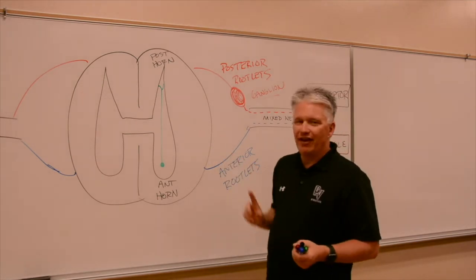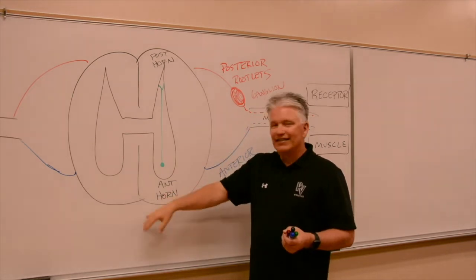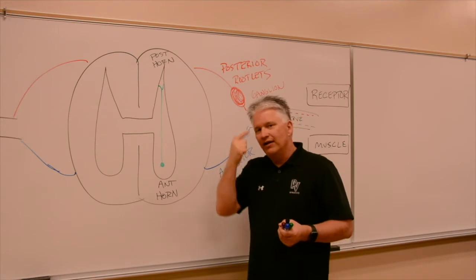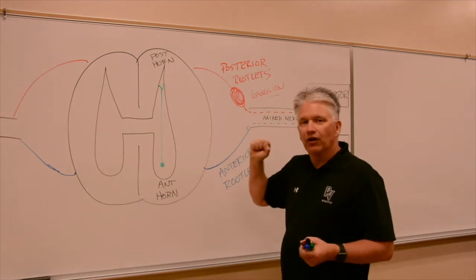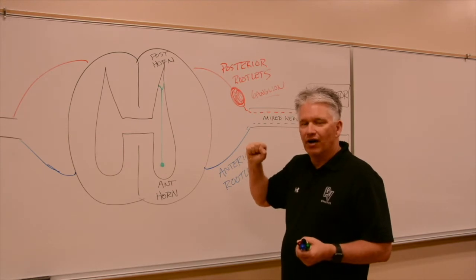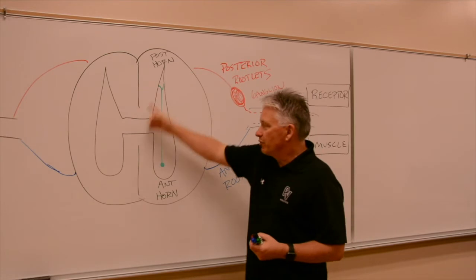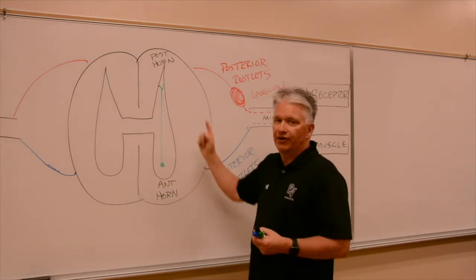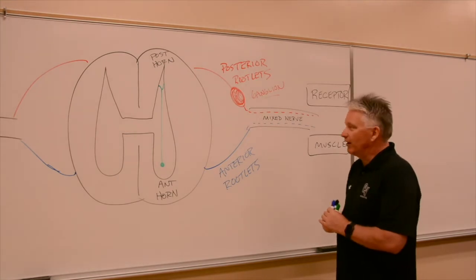If we had to wait for that information to travel all the way up to the brain, integrate, interpret, ooh, that's hot, I better pull my hand away, and then send a motor signal back down, imagine what your hand would look like by the time you actually pulled it off of the stove. It's going to take too long. So, we have a protective mechanism that's going to occur here at the spinal cord. How do we know it occurs at the spinal cord?